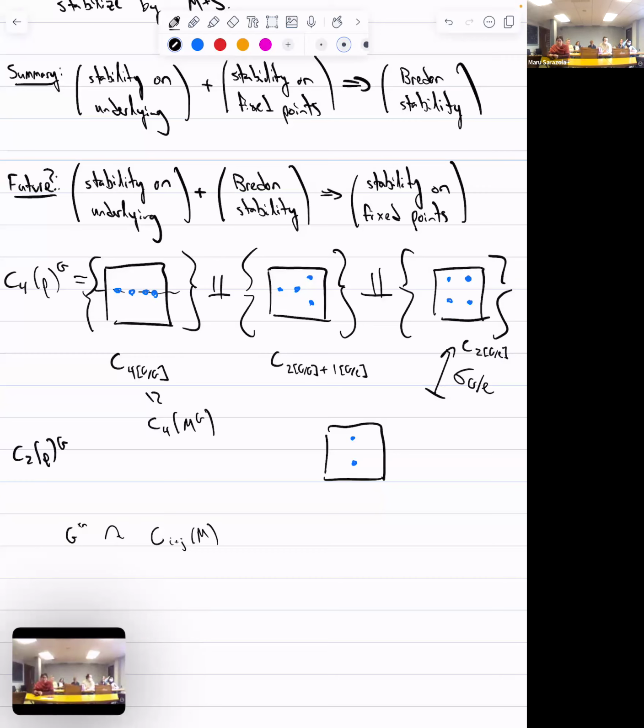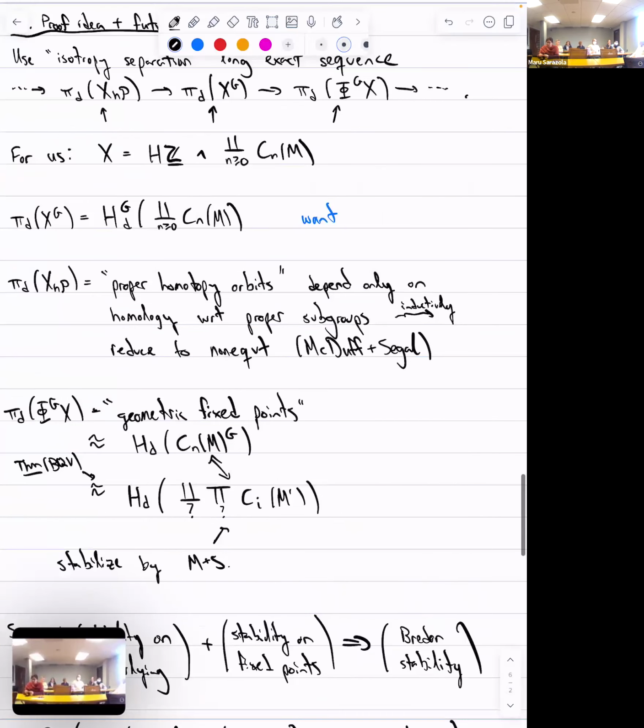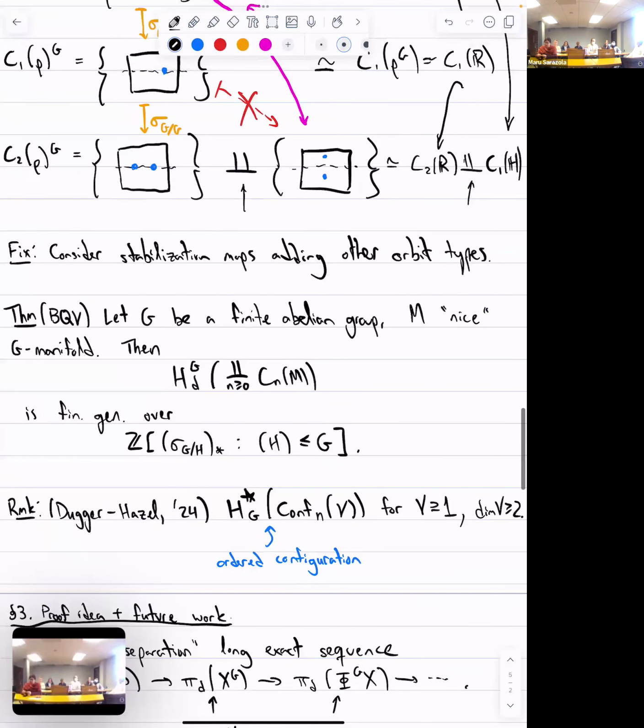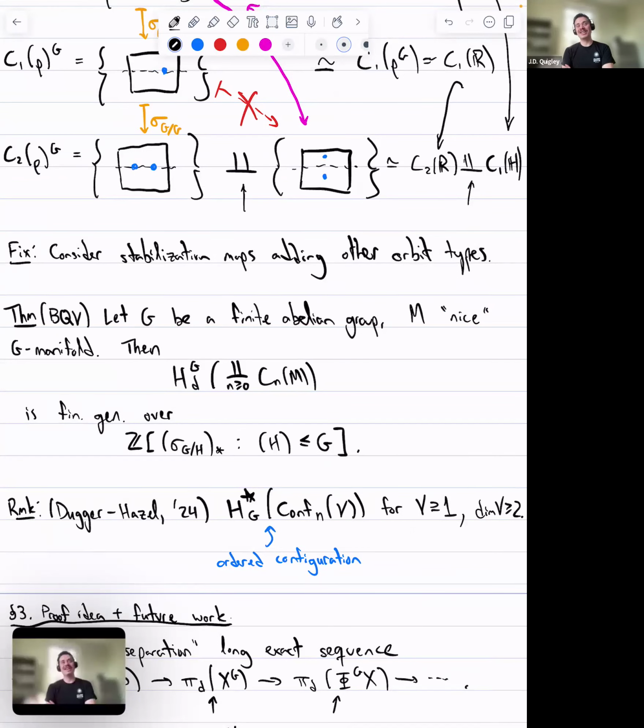I have a question. So, in your theorem, you have this niceness condition, how restrictive do you imagine that would be? Not our examples. Yeah, that's a good question. So our niceness condition, I'll say out loud, it's that M is the interior of a compact G manifold whose boundary contains every possible orbit type.